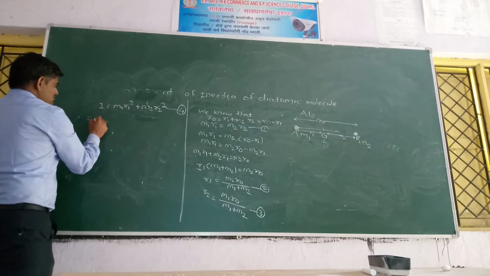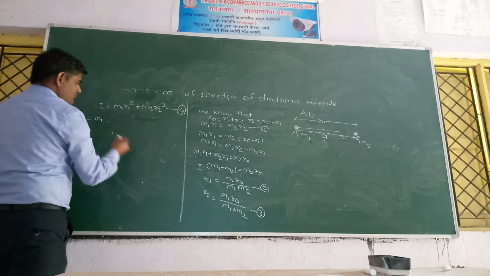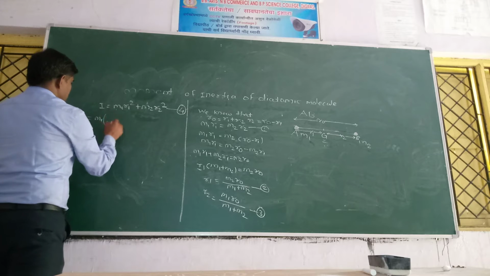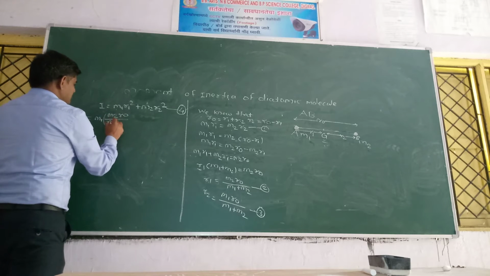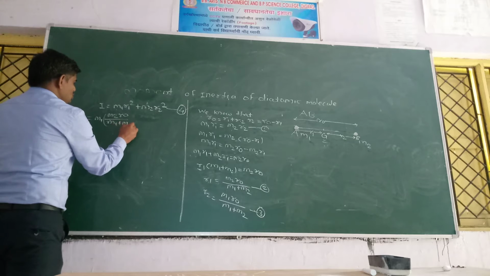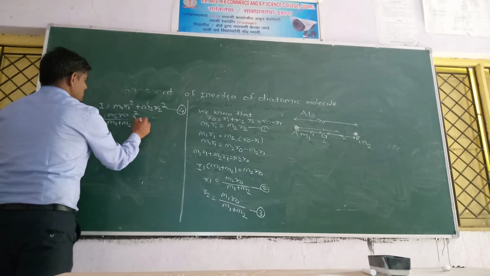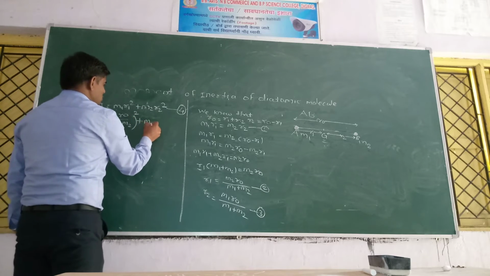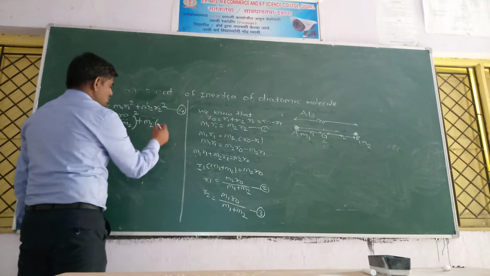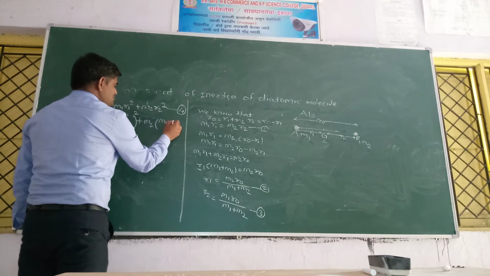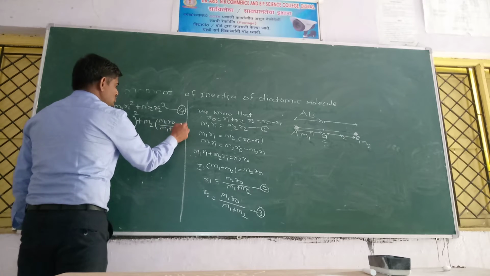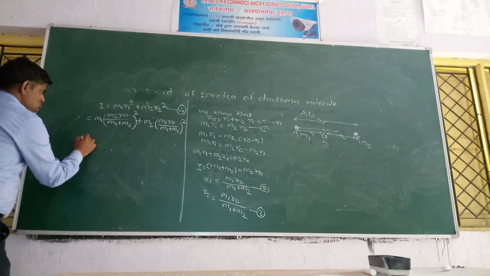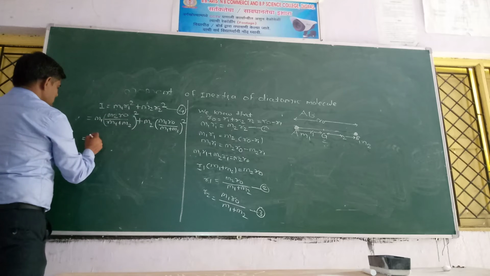We get M1 times R1 value, M2 R0 divided by M1 plus M2 bracket square, plus M2 times R2 value, M1 R0 divided by M1 plus M2 bracket square. Solve this bracket.